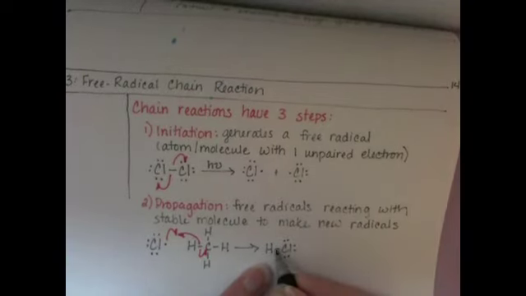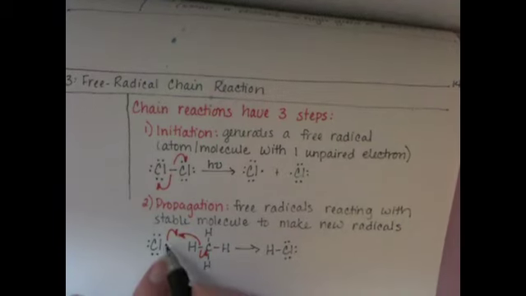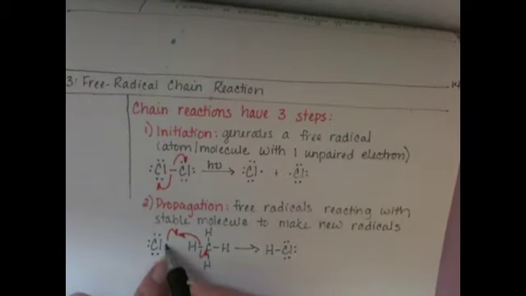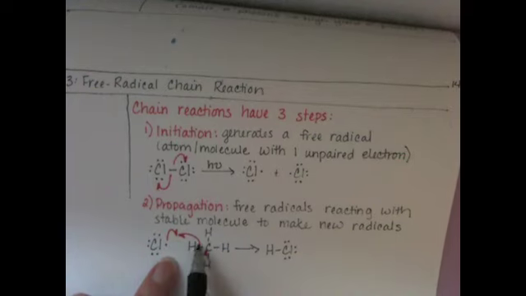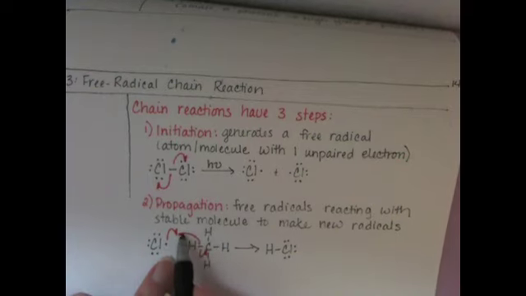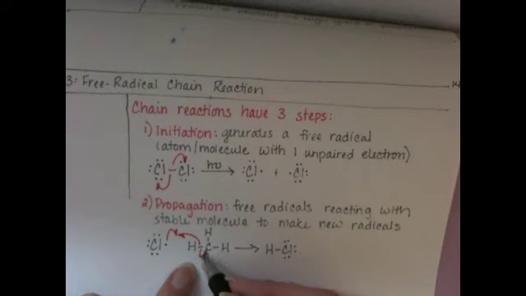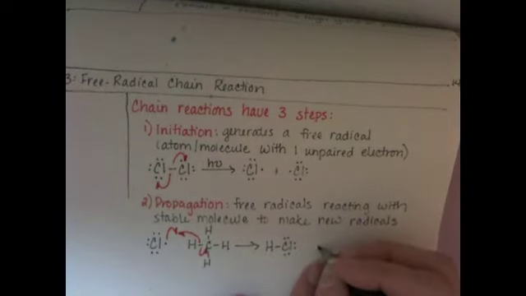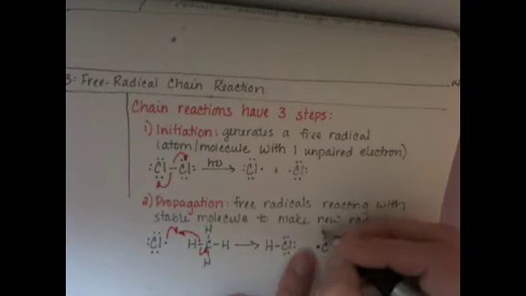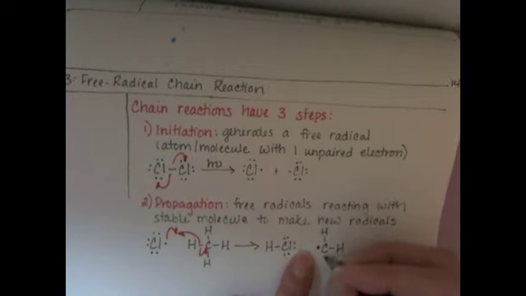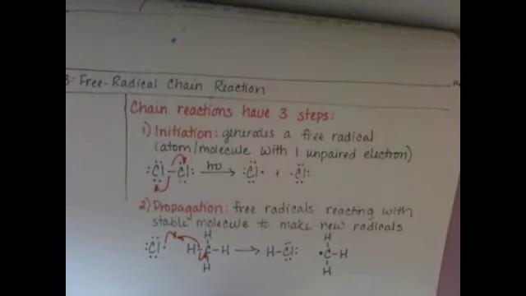So this bond right here came from the combination of this unpaired electron on the chlorine, and one of the electrons from the carbon-hydrogen bond. The other electron from the carbon-hydrogen bond stays on the carbon atom, and it generates this radical, a methyl radical.